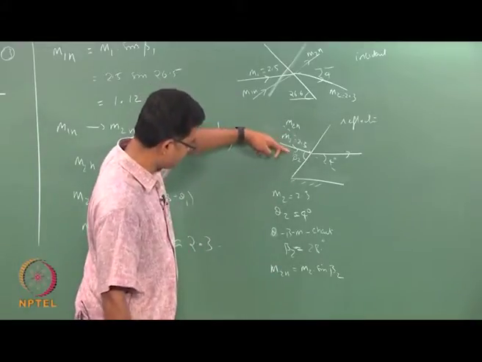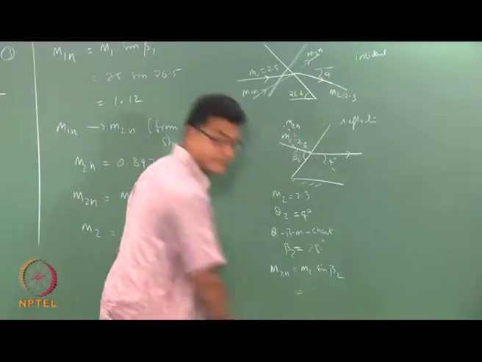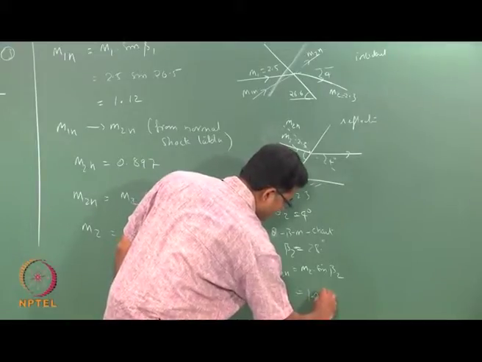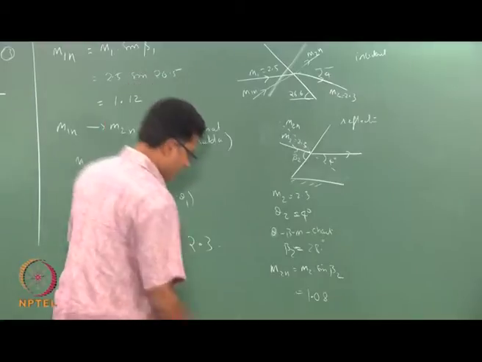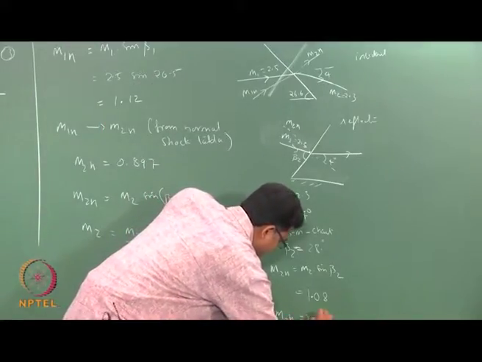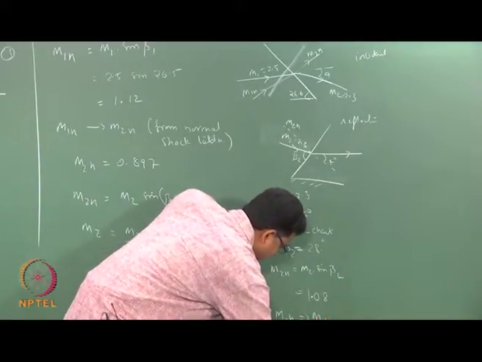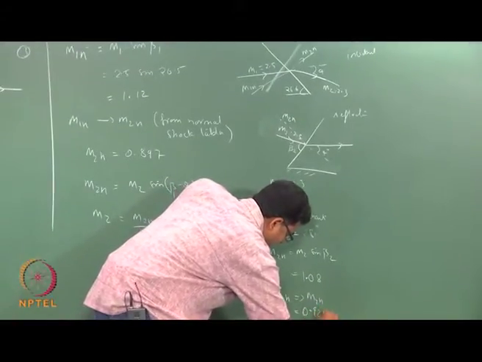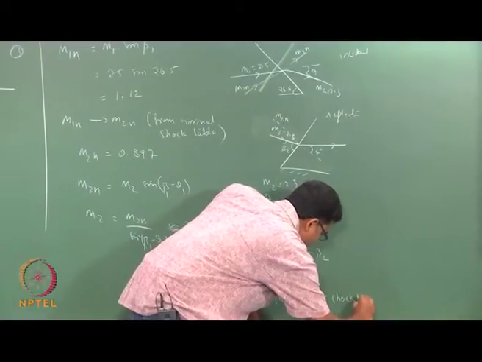So M2 sin beta 2 would be your M2n, which is 1.08, which would give me an M3n from shock tables, 0.928, from shock tables.